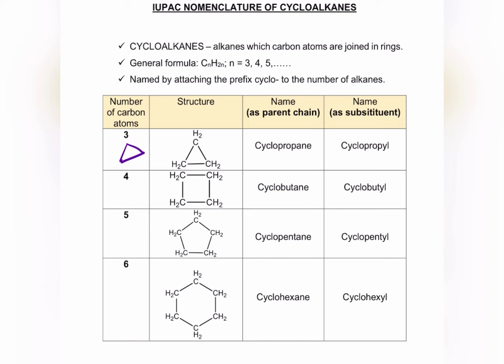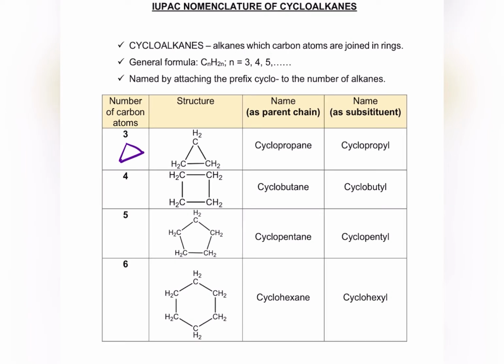When cycloalkane acts as a substituent, the name will be changed to cyclopropyl. Next one, I have 4 carbon atoms. So the name of the cycloalkane is cyclobutane as the parent chain, and the structure will be just like this one in skeletal form.